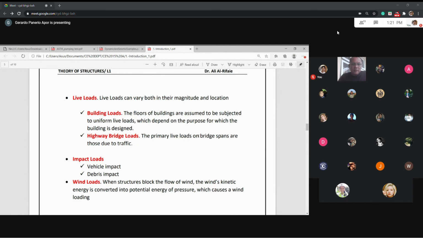Then in your next subjects, either steel design or concrete design, you will be able to design a structure using steel or concrete in such a way that it can support the loads.